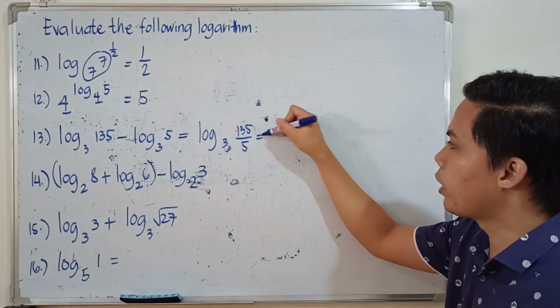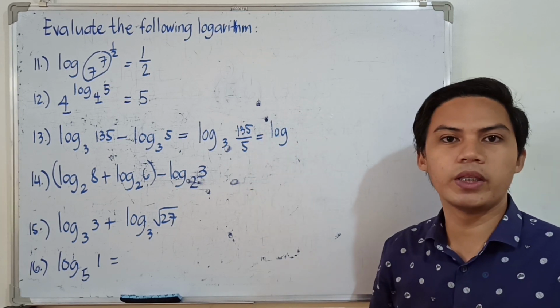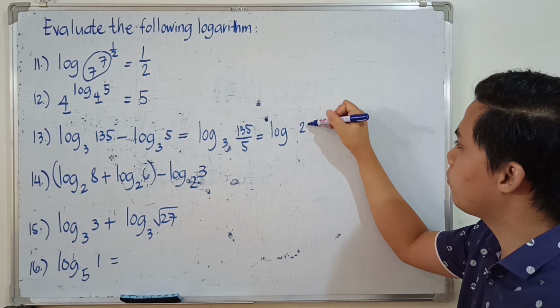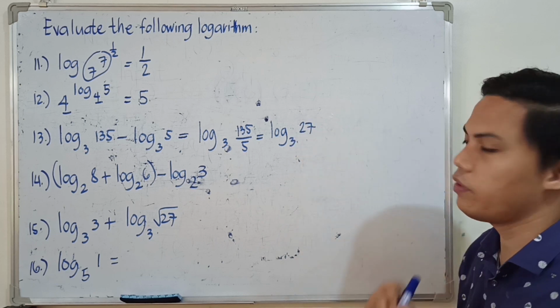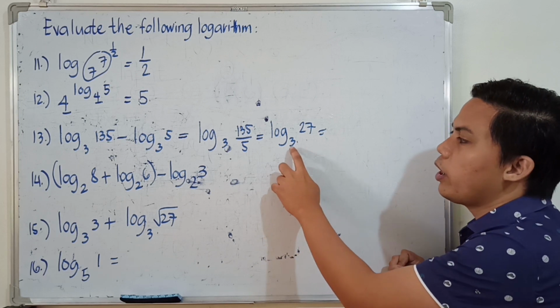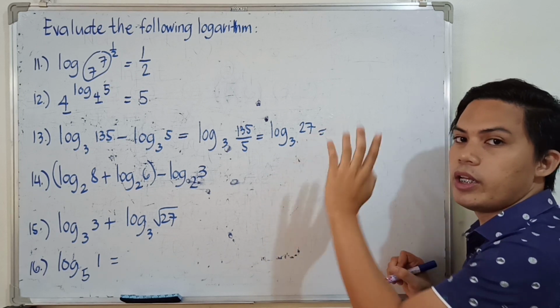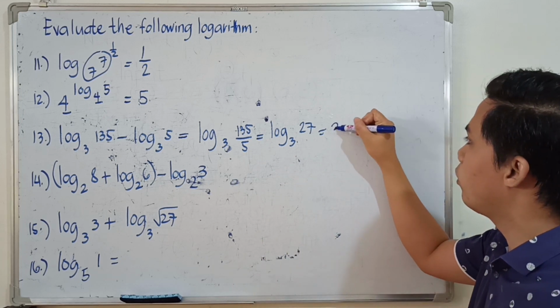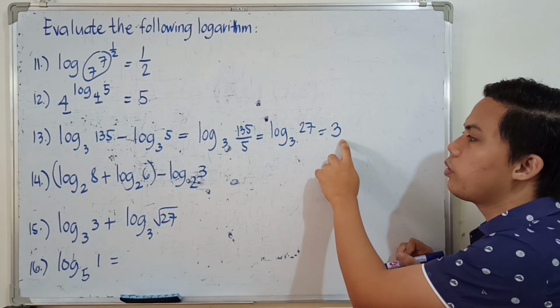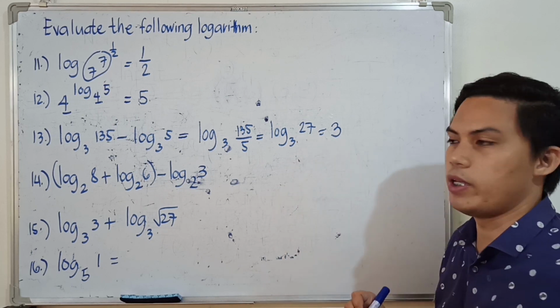Okay? Simplify natin further. 135 divided by 5 is equal to 27, and to the base 3. Therefore, ano yung magiging exponent ni 3 para maging equal to 27? And that is equal to 3. So, 3 raised to 3 would be equal to 27. So, our final answer is 3.